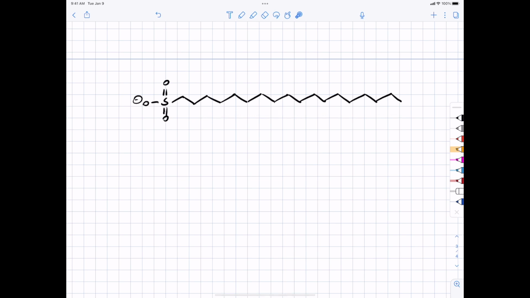This is a molecule that could be a component of soap.